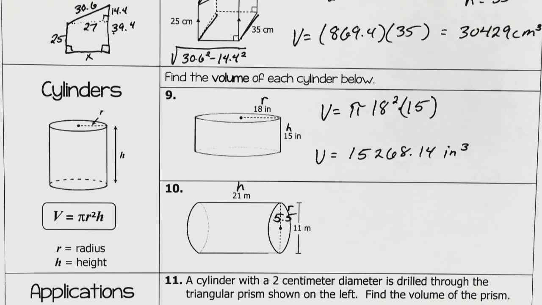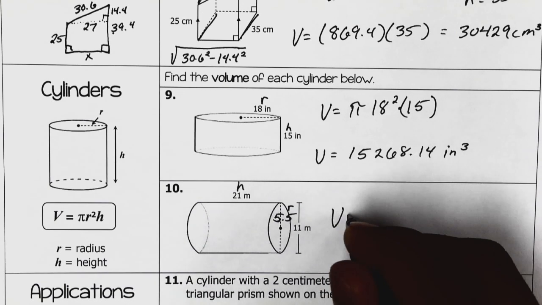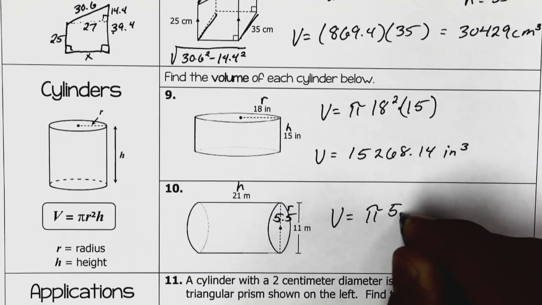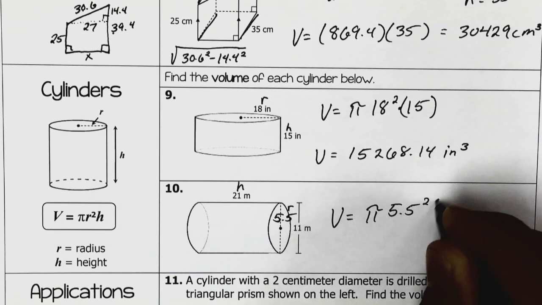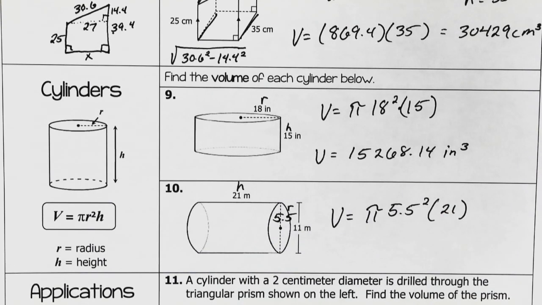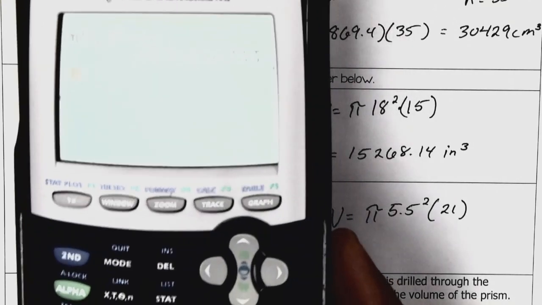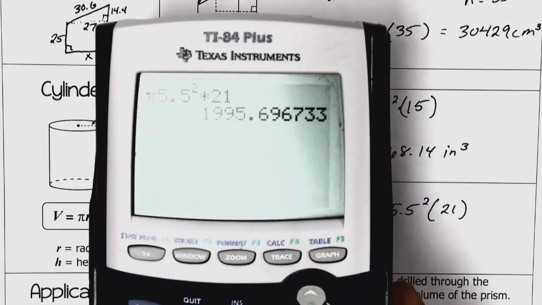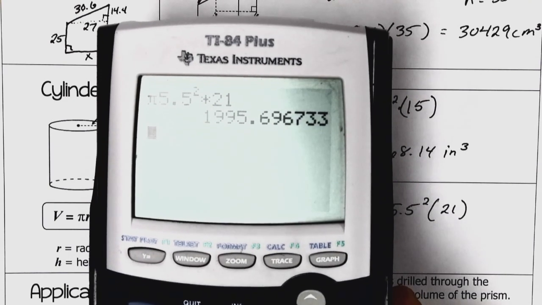So now just plug it into the formula. So volume equals pi r squared, which is the 5.5 squared, times the height, which is the 21. So pi 5.5 squared times 21, and there it is, 1995.69, which will round up to .7.